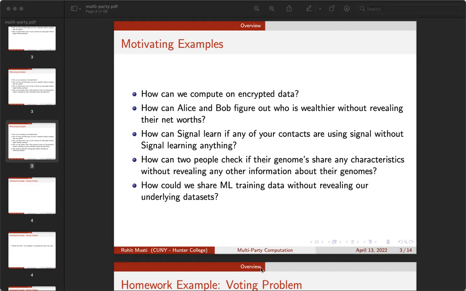So I'm going to do that poll again, and this is just a sense of how well you understand the motivations for multi-party computation.